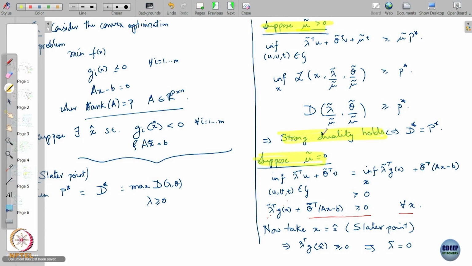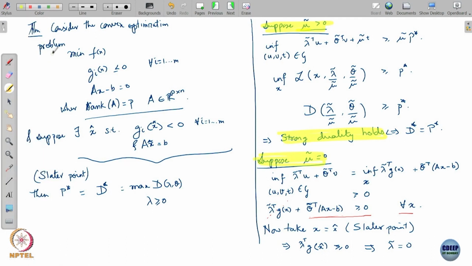So, to summarize, we have a convex optimization problem as written here with the following requirements: that the linear constraints have full row rank, and there exists a Slater point for the constraints. You put these together, then it has to be that the optimal value of the primal is equal to the optimal value of the dual.